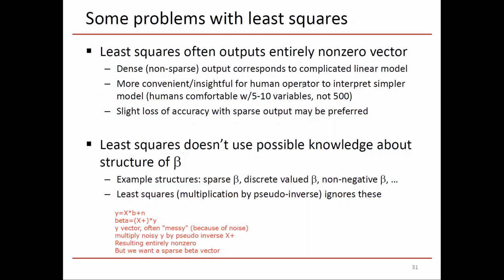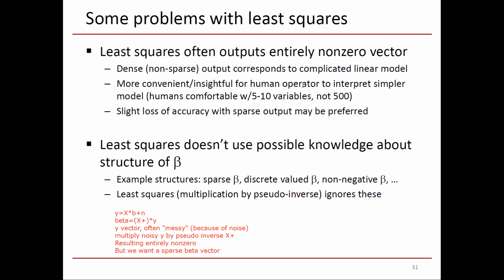So bottom line, why does least squares return this non-sparse vector? Again, we're just multiplying a non-sparse vector y by the pseudo inverse of x. And least squares doesn't use possible knowledge about the structure of beta. So beta could be sparse in this problem.